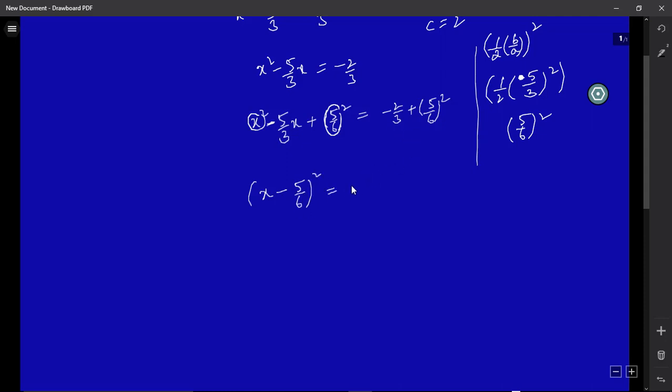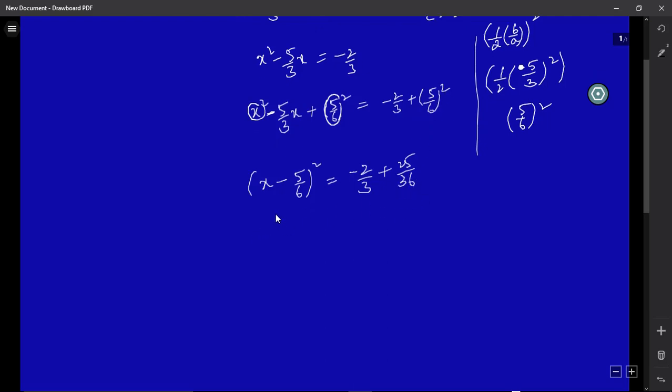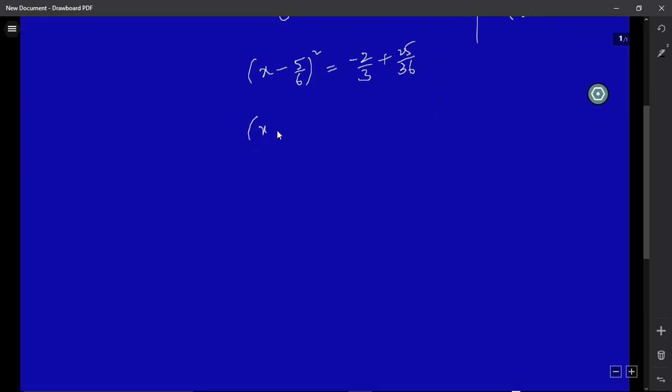Now let us just simplify the right hand side. Minus 2 by 3 plus 5 square, which is 25, 6 square, which is 36, right? X minus 5 by 6 whole square is equal to, let us take LCM.